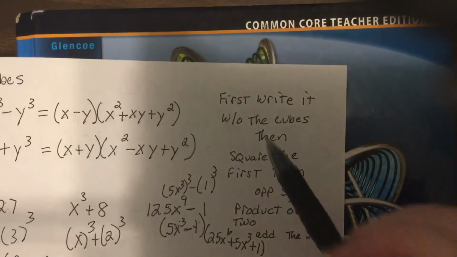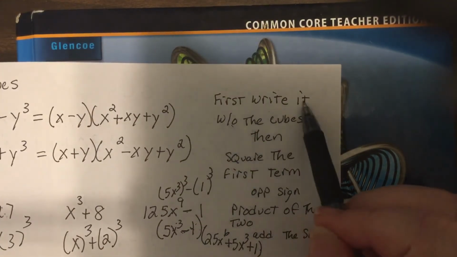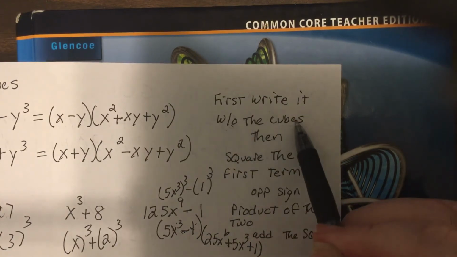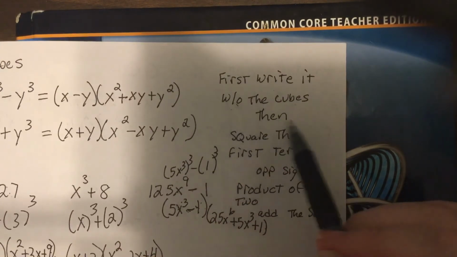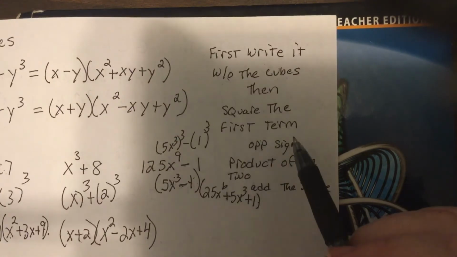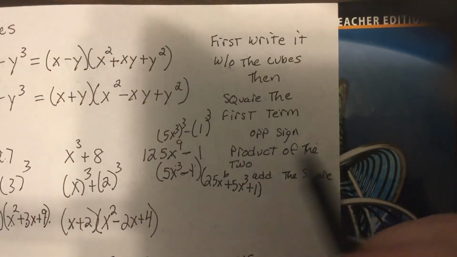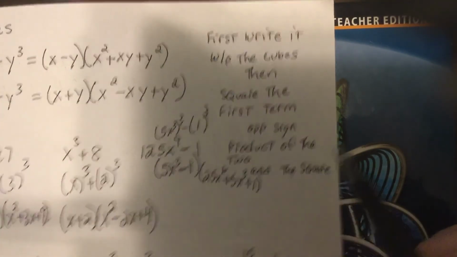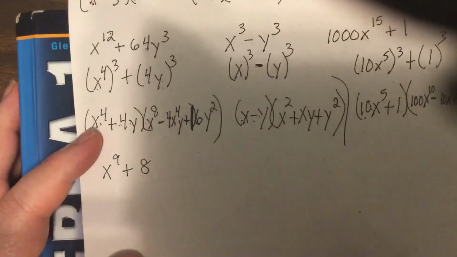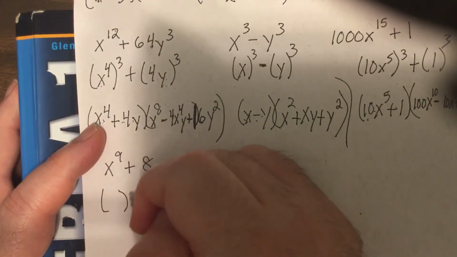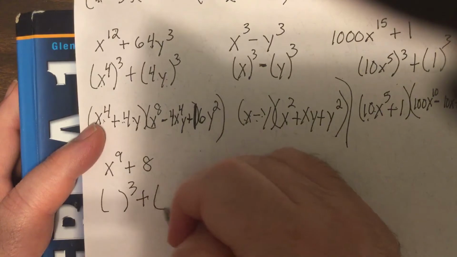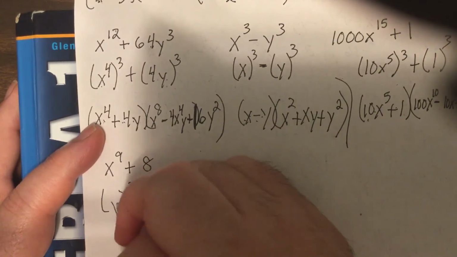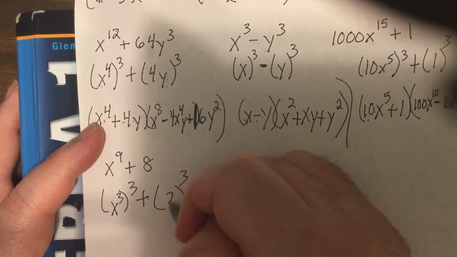So it's, say it with me. First, write it without the cubes. Then, square the first term. Opposite sign. Product of the 2. Add the square. So this one, what are we cubing? So we got x cubed. 8 is 2 cubed.